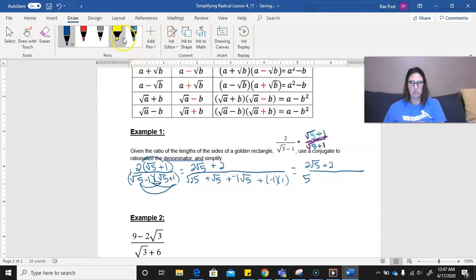So hopefully you guys will see that these right here are just going to cancel out. And that's what I'm talking about. Those cancel. So it's actually really beneficial to do this. And then you have a negative 1 times 1, which is just negative 1, which is really just 4. So technically you guys are going to get 2 times the square root of 5 plus 2 all over 4.